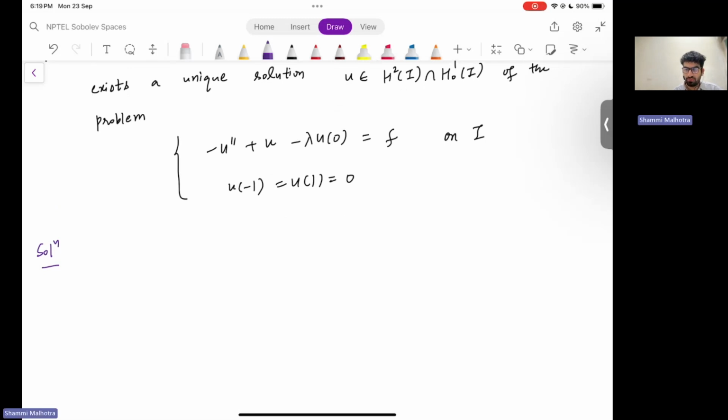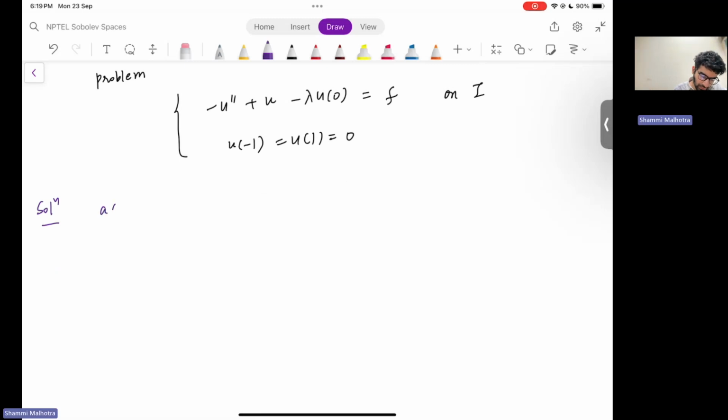All we have to show to get a solution is to prove that the bilinear form is coercive for this range of lambda. So let's consider a(u,u) only, and we will see what we can do to have coercivity. a(u,u) is nothing but the integral over I of u'^2 plus u^2 minus lambda u0 u. So this is my bilinear form.